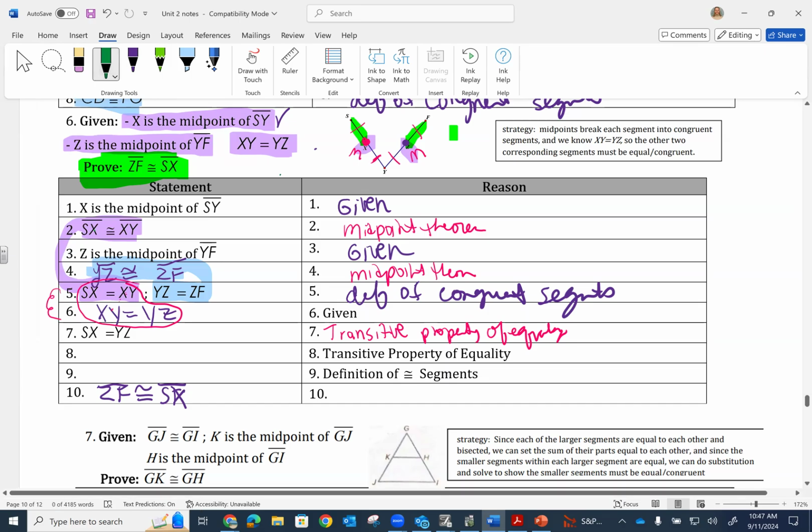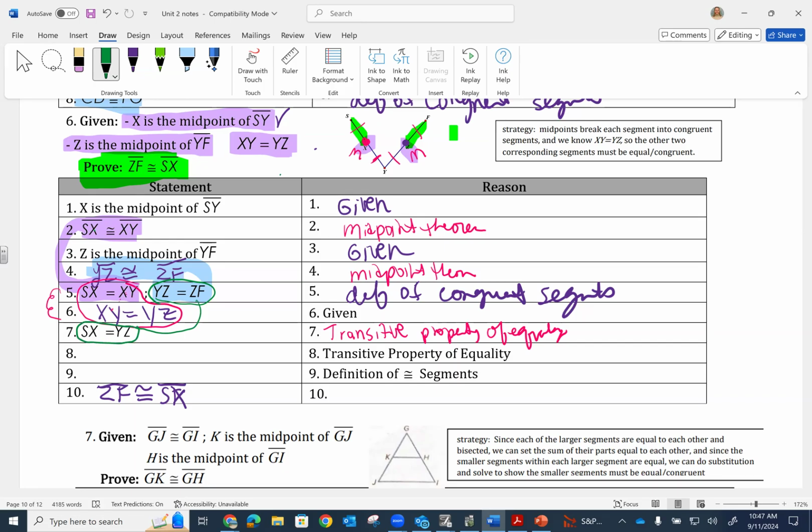The other thing we're going to do is, if we know that YZ is equal to ZF, and then we know that this is YZ here, we're going to take this and this together.